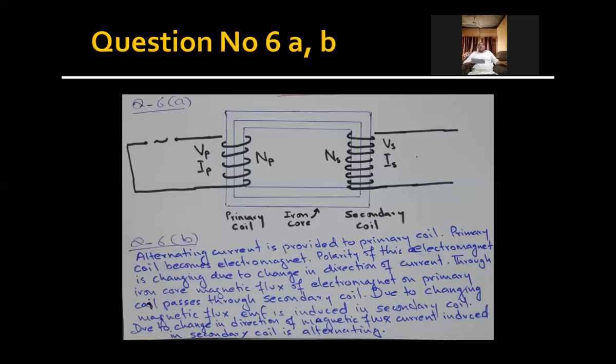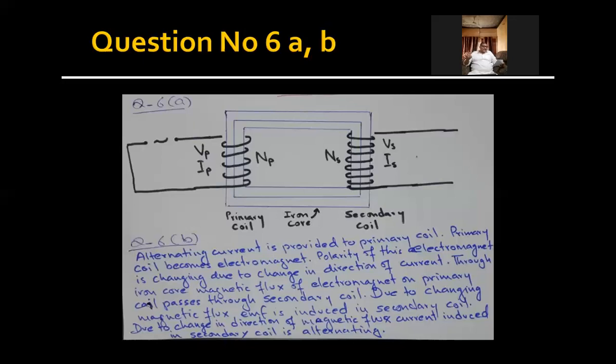Alternating current is provided to the primary coil. The primary coil becomes an electromagnet. The polarity of this electromagnet is changing due to the change in direction of the current which you introduced into the primary. Through the iron core, the magnetic flux of this electromagnet on the primary coil passes through the secondary coil.